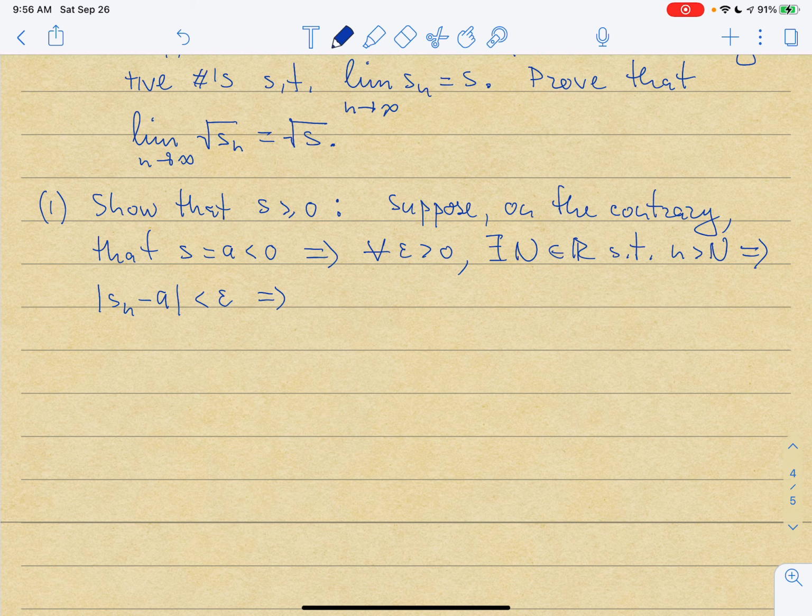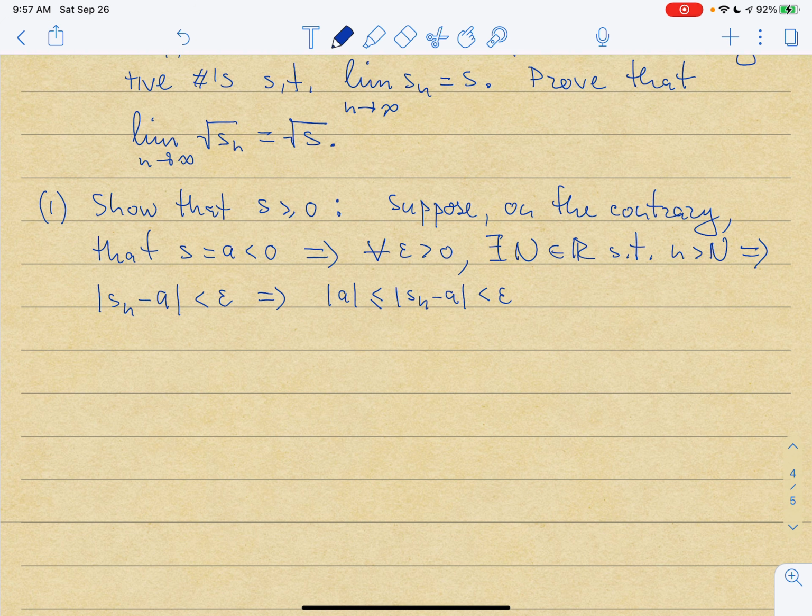Because if I take a positive number and subtract a negative number, then of course the absolute value of the difference is going to be bigger. So then the absolute value of A is going to be less than or equal, because Sn is allowed to be 0, to the absolute value of Sn minus A, and this is less than epsilon.